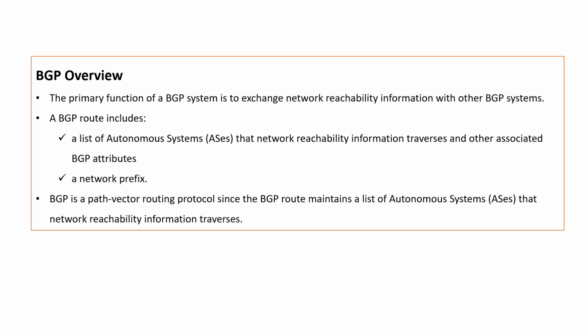The first is a list of autonomous systems that the network reachability information traverses, and other associated BGP attributes. Another part is a network prefix. We can say BGP is a path vector routing protocol, since the BGP router maintains a list of the autonomous systems that the network reachability information traverses.